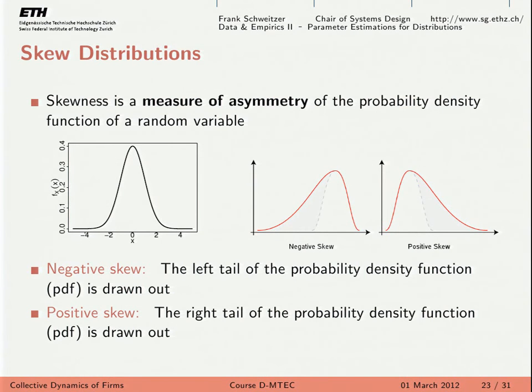What do we mean by skewed? It's either lopsided to the left or to the right. So then we talk about a negative skew or a positive skew. Here you see that in a negative skew, we have the left part drawn out, and in the positive skew, we have the right part drawn out.